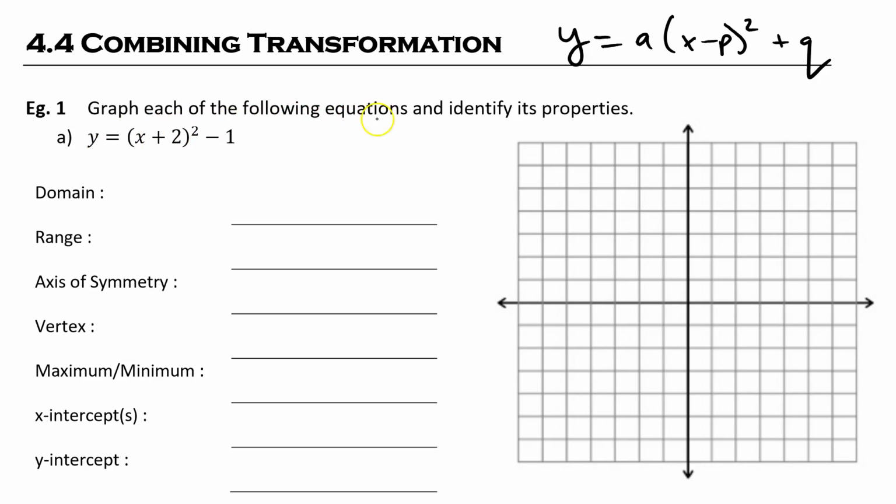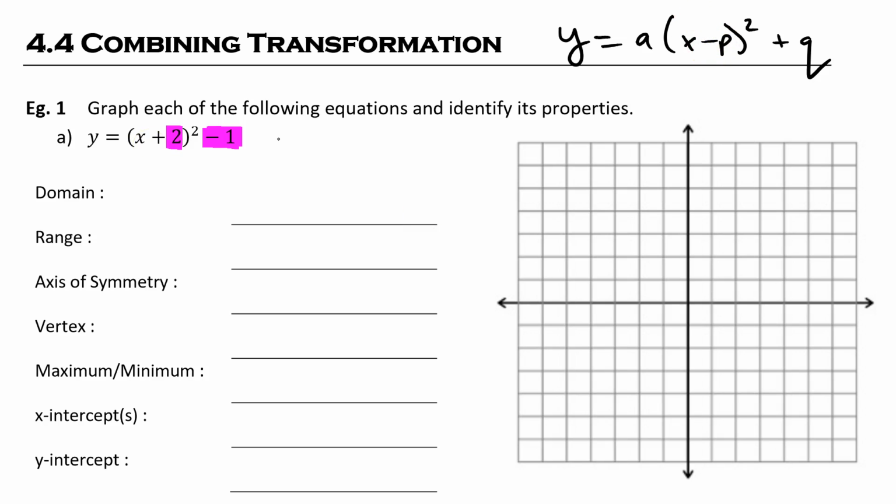So graph each of the following equations and identify its properties. So if I were to highlight my vertex, let me just rewrite this so that it's a little bit more in this minus form.